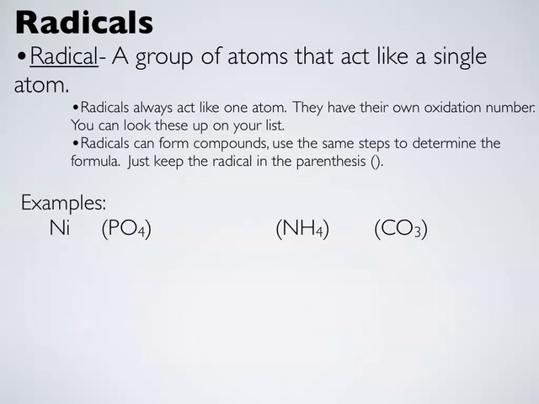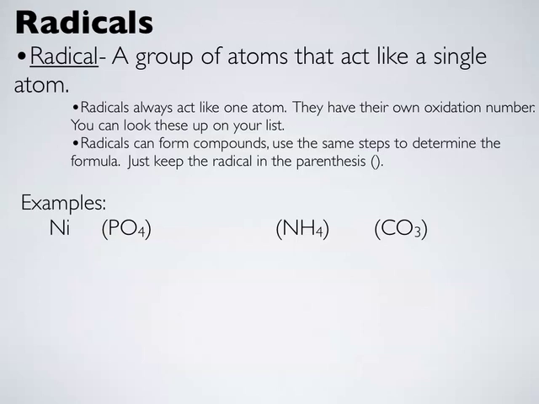So a radical is a group of atoms acting like a single atom. They have their own oxidation number, and you can look it up on your list. And they can form compounds. And when these radicals form compounds with other elements, we write them in parentheses because they're acting as one unit.